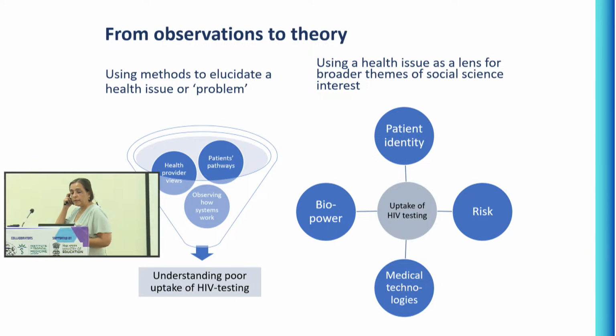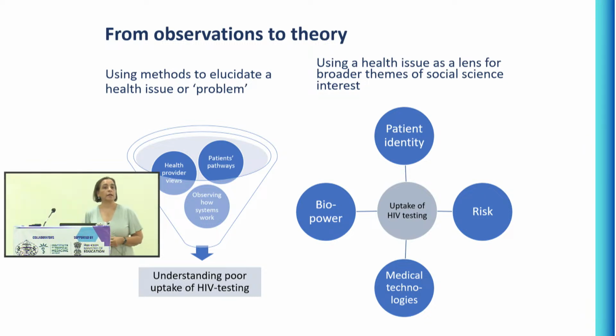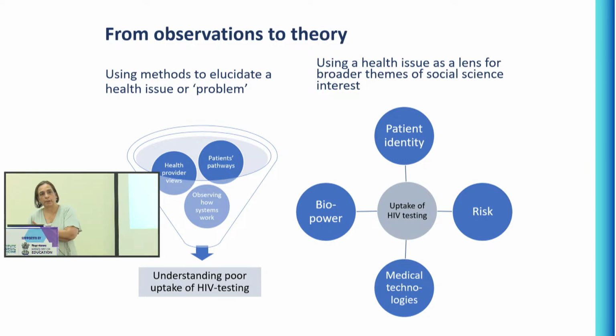Yeah? The second person decides that actually it's not so much about risk, it's about how people understand their own identity in relation to HIV, sexual health and HIV. So if you realize when you look at your data that there is a lot of discussion or narrative around, I would never go for HIV testing because I'm not at risk because I'm a married middle-class businessman, or I'm a blah, blah, blah, right?